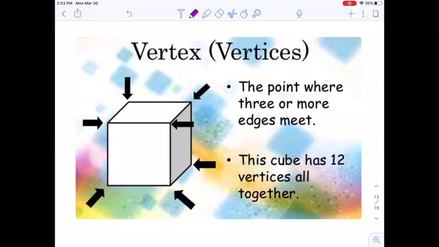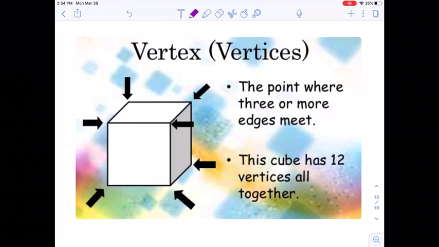Wonder if there are more words we need to learn. Oh yeah, this is a big one, guys. Vertex. Now this is another one you have to be super careful with. When we were learning about 2D figures, like triangles and squares and all of those shapes, we called these corners.